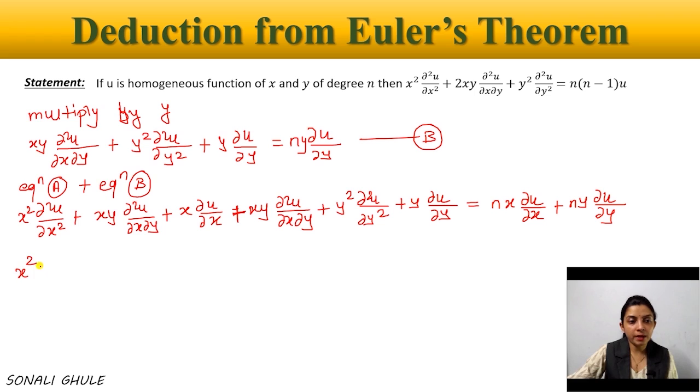So x² ∂²u/∂x² plus xy ∂²u/∂x∂y plus xy ∂²u/∂x∂y.